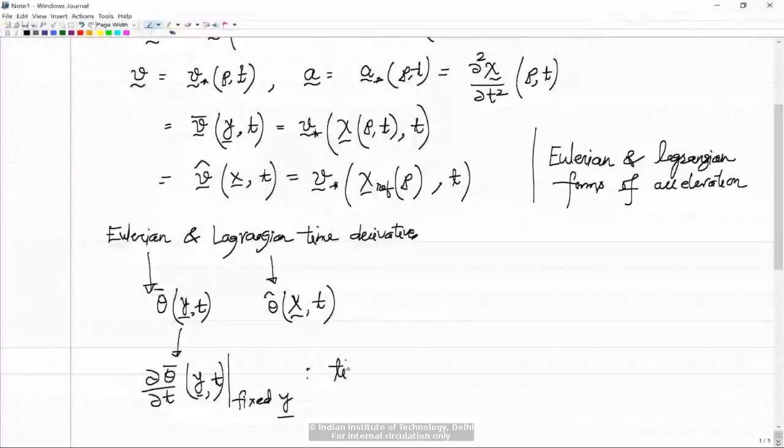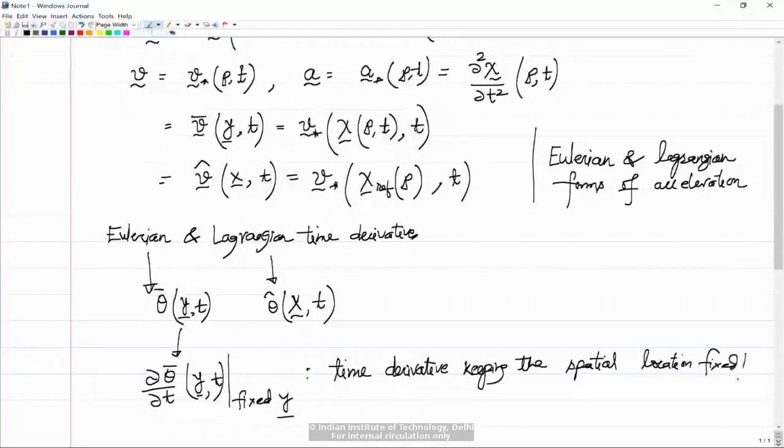So the physical meaning is time derivative keeping the spatial location fixed. All right.